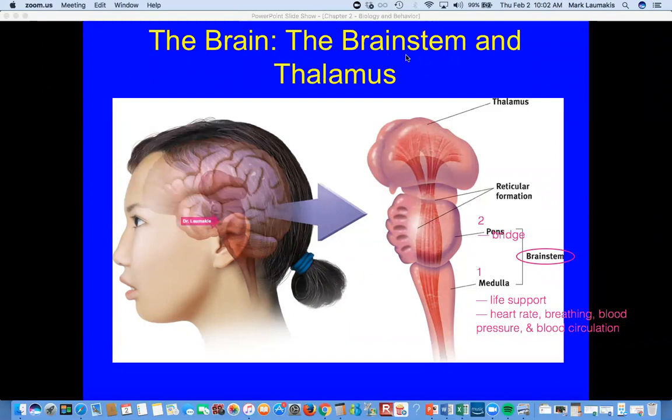Information is going through the pons from down below to the overlying cortex, and there are messages coming from above being sent down below from the overlying cortical areas, and that information is getting routed through the pons as well. So when I think of pons, I think of bridge, because that's what the word means in Latin, okay?